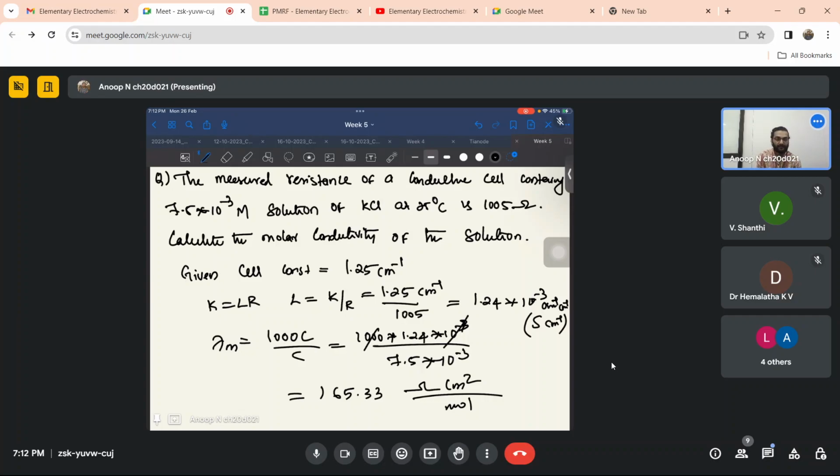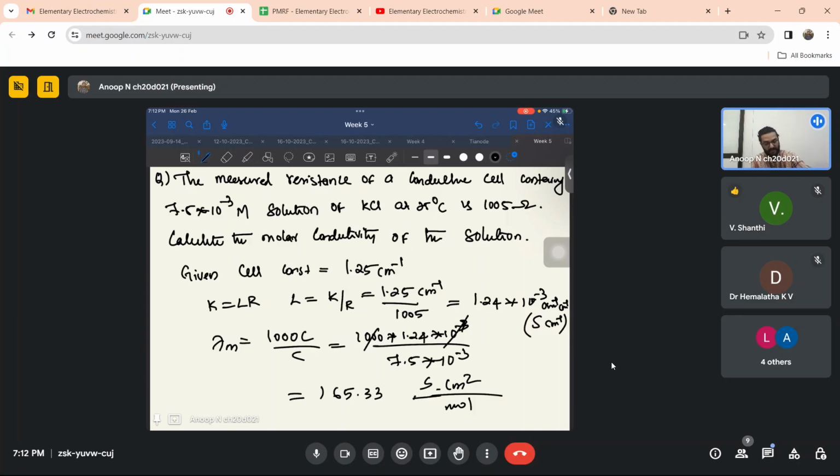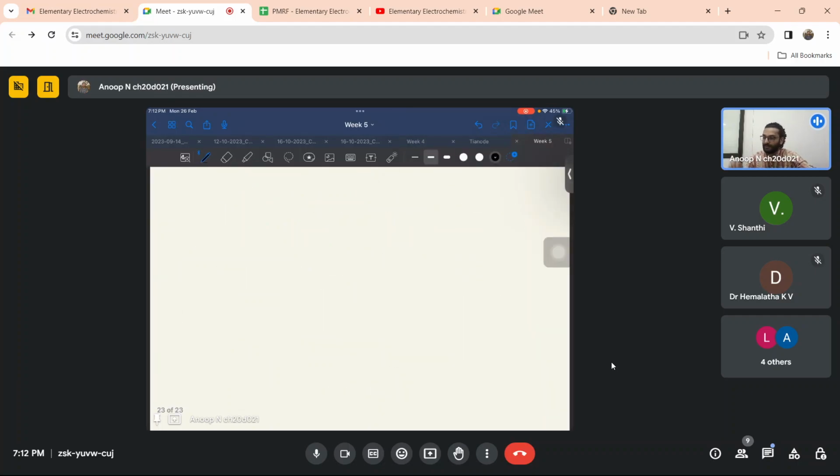Is it clear to everyone? Others? Okay, sorry. The unit is Siemens centimeter squared per mole. It's ohm raised to minus 1, so I'll write it as capital S, or mho. Both are fine. So the next question.